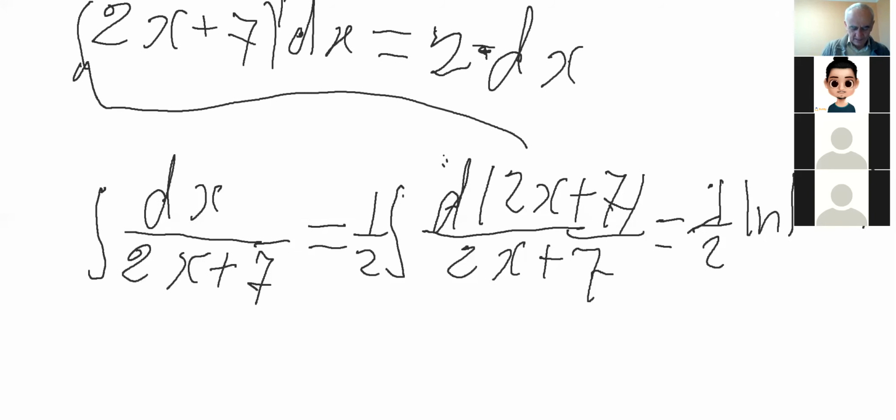So the differential d(2x plus 7) is 2 times dx. If I plug in 2 times dx, we will get the left side. So to make sure that the equality is true, it's always a good idea to simplify the differential and then compare with the left side.